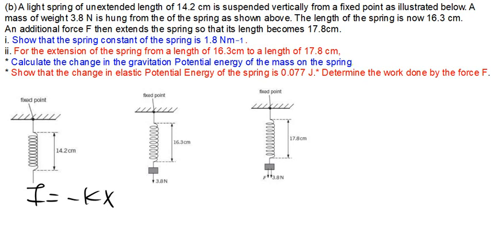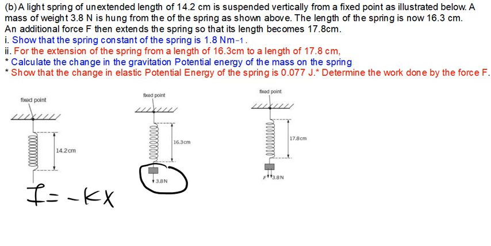So first thing we have to identify our x. What is our x in this case? So I will start with the first one. Before this force, we know that the original length is 14.2.